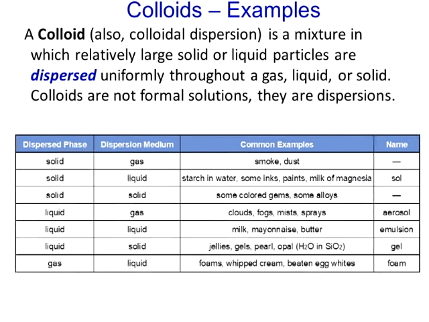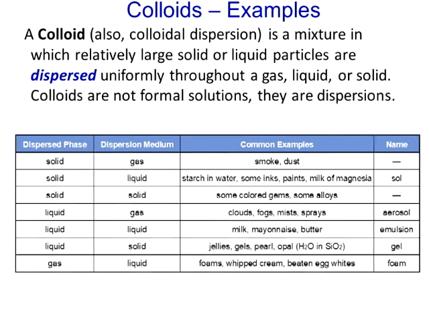Then we have some colored gems, and some alloys are solids in solids. That's a pretty interesting example of a colloid. There are liquids in gas, such as clouds, fog, mist, sprays. We see these all the time. That's why we're able to see them, because the light is scattered. That's why we see the clouds and the fog, the mist and the sprays.